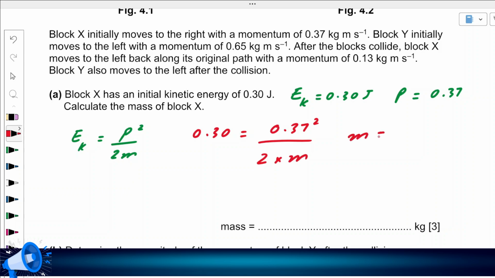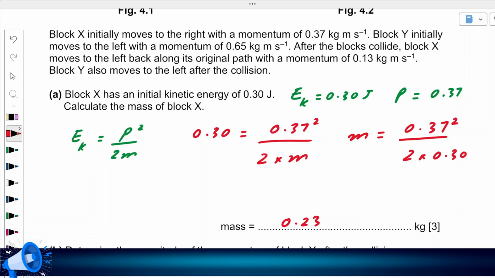So m equals 0.37 square divided by 2 times 0.30. If you solve for the value of mass in 2 SF, you'll get 0.23.